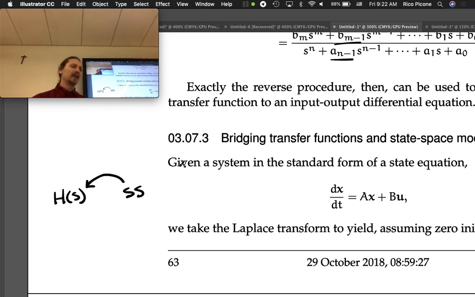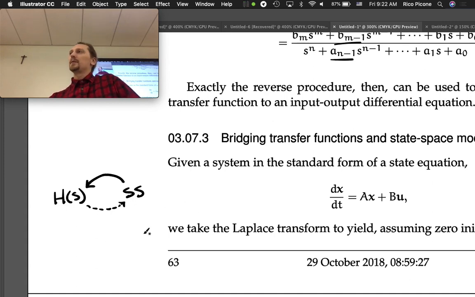This is a one-lane road for us in this course. There are ways to go from transfer functions to state space models, but it's not unique, and there are a lot of caveats, and we're not going to get into the details of that. So right now we're going to just focus on how to go from a state space model to a transfer function.